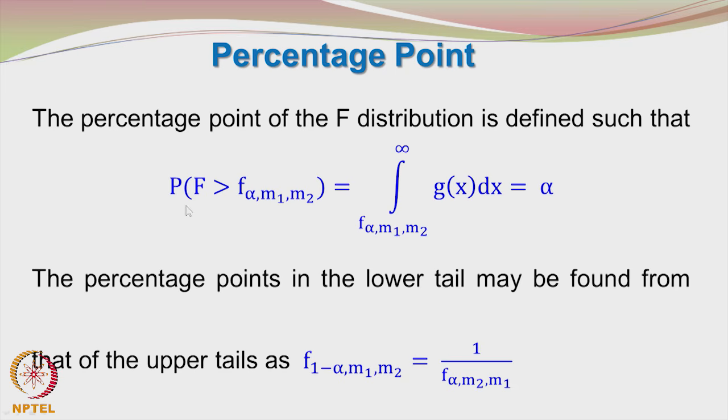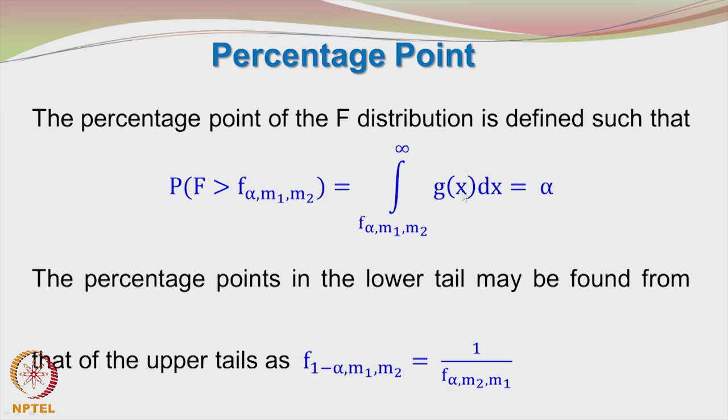So then we have the probability of F greater than F alpha M1 M2, where F is the random variable and F alpha M1 M2 is a particular value. We have to identify F alpha M1 M2 such that we get a probability of alpha. Going back to the mathematics, G of x represents the mathematical form of the F distribution. We will not get into it right now.